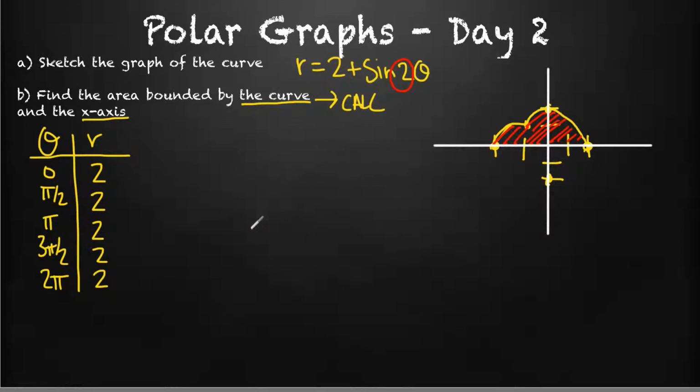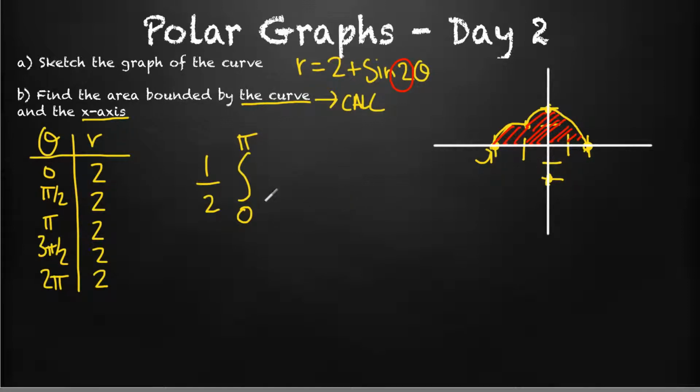All right, so that should be a pretty simple problem now. We are just going to integrate from, well, we're going to need to put a 1/2 out front, and we're going to integrate from 0 to pi, because pi is where the curve hits the x-axis for the second time.